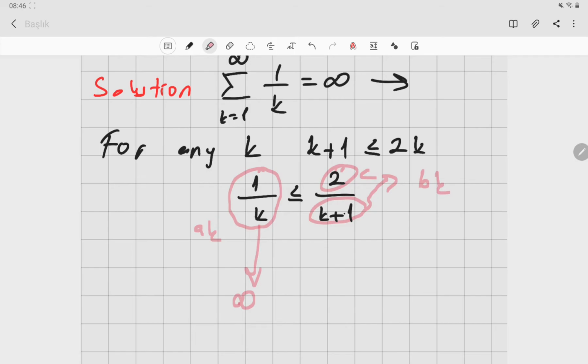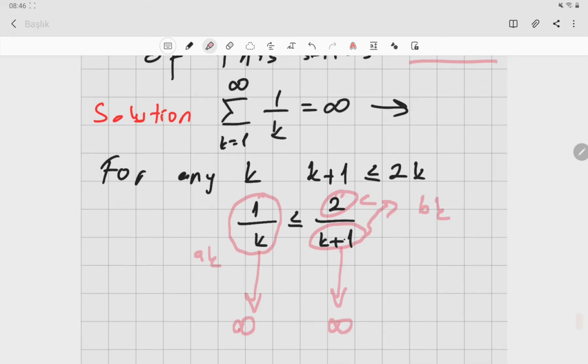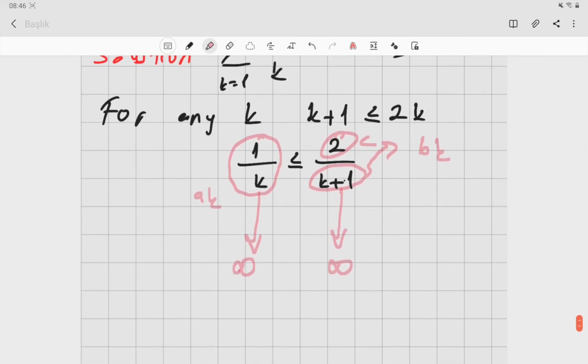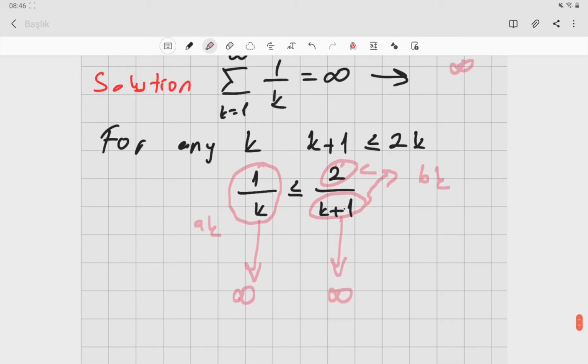Then the bigger part is infinity. So this series is divergent. We find the solution by using comparison tests. For any k we have this inequality, and by using comparison test we find the solution.